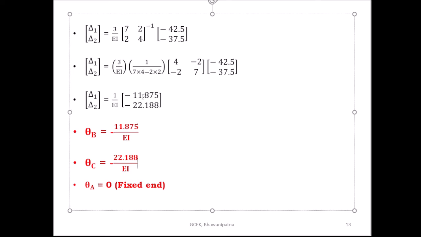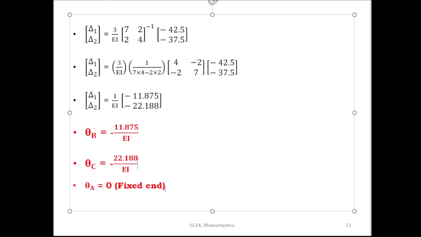Delta 1 is equal to minus 11.875 by EI and delta 2 is equal to minus 22.188 by EI. So delta 1, which is theta B, is equal to minus 11.875 by EI and delta 2, which is theta C, is equal to minus 22.188 by EI. But theta A is equal to 0 due to the fixed end.